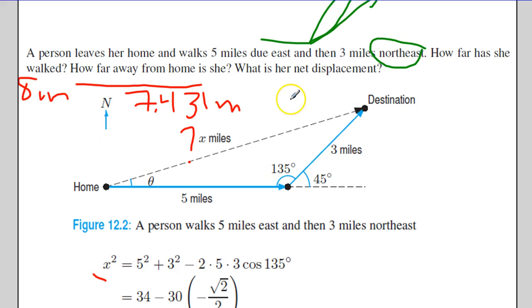Okay. And they said, what is her net displacement, which is how far has she actually moved, like the angle, like what direction. And so in order to do that, we need to figure out the angle theta that she has made. And the angle theta is the angle formed by the displacement vector, the displacement arrow, as well as the horizontal axis.